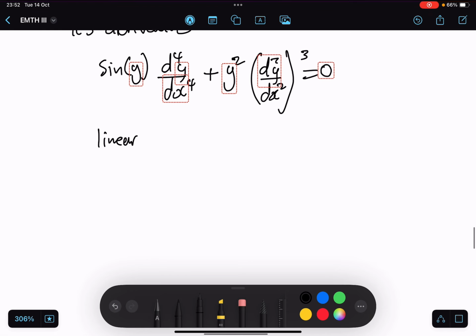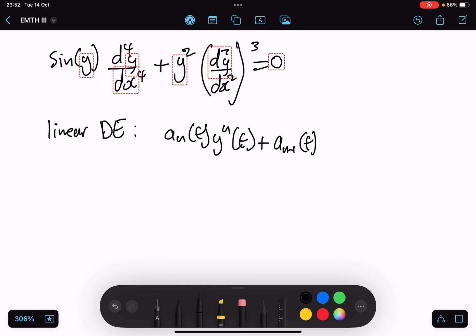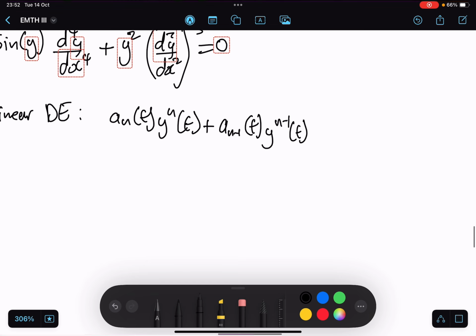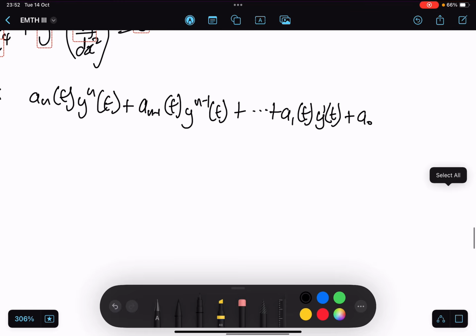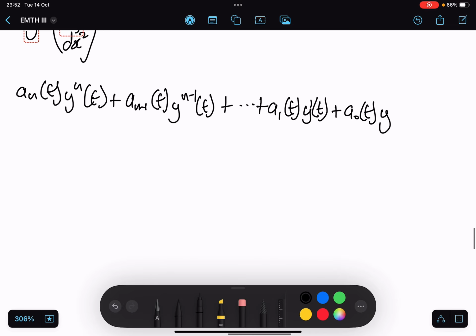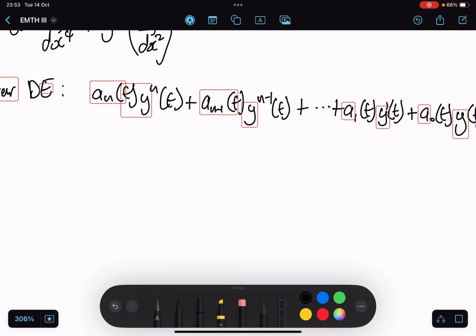A linear differential equation is any differential equation that can be written in the following form: a_n(t) y^(n)(t) plus a_(n-1)(t) y^(n-1)(t) plus, it continues, a_1(t) y'(t) plus a_0(t) y(t) is equal to g(t). So a linear differential equation can be written in this form.